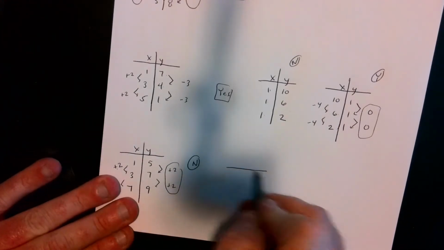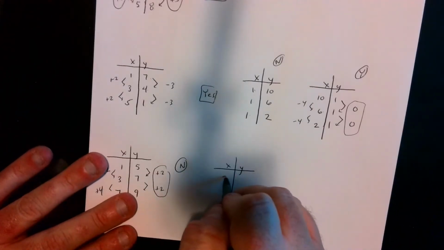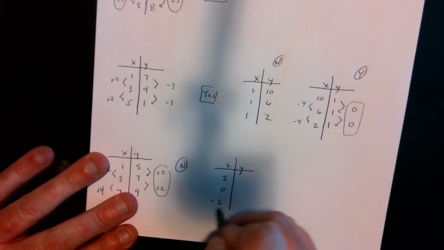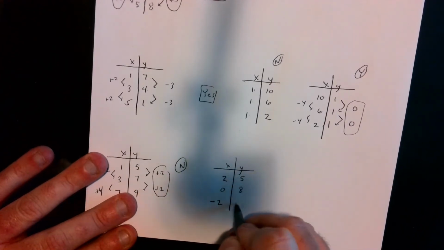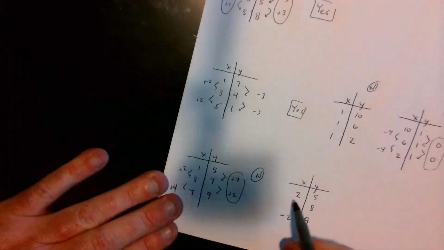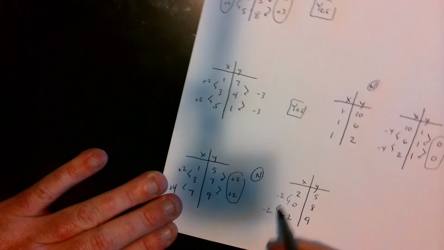All right, let's give it one more example of non-linear functions out of tables. So if we went 2, 0, -2, and over here we went 5, 8, and let's go 9. So on this side we went down 2, and then from 0 to -2 we went down 2 again.